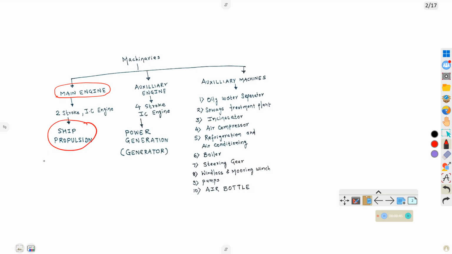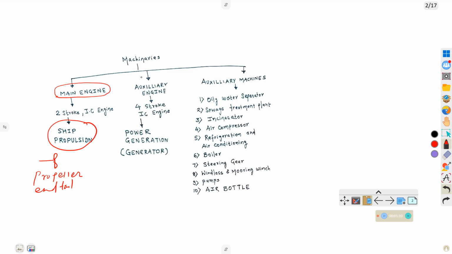It has a propeller shaft at the end, with the propeller at the tail end. Mostly main engines are two-stroke IC engines.